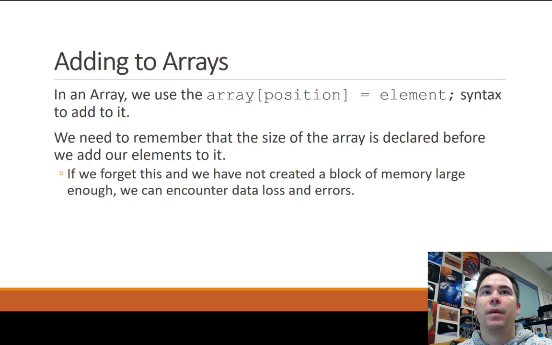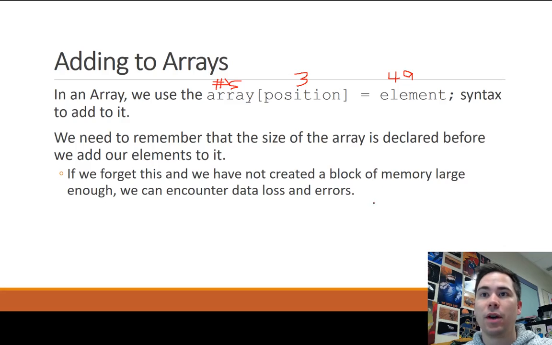Now, adding to an array. In an array, we use the array position equals element syntax to add to it. So this would be numbers, then the position, for example 3, and then we would put 49 here. We need to remember that the size of the array is declared before we actually add our elements into it.